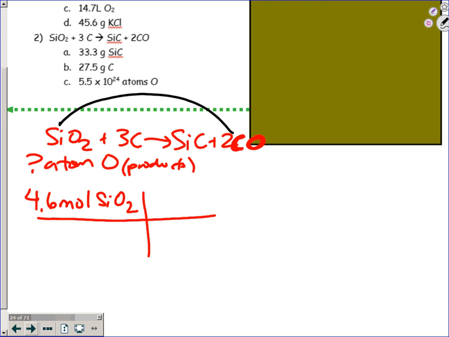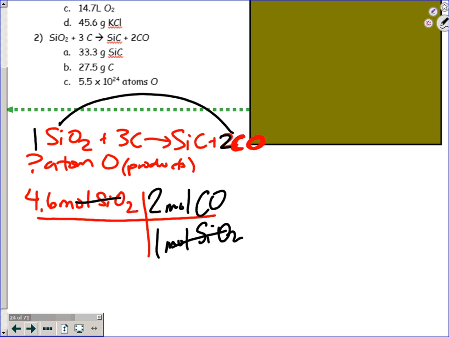So what's this bridge? What am I writing here? The mole ratio, right? So it goes on top. To what? Carbon monoxide, right? And what goes on bottom? 1 mole of silicon dioxide. So this gets us our 1 and our 2. Now I've already crossed the bridge. I've gotten to my mole ratios. Moles of silicon dioxide cancel.